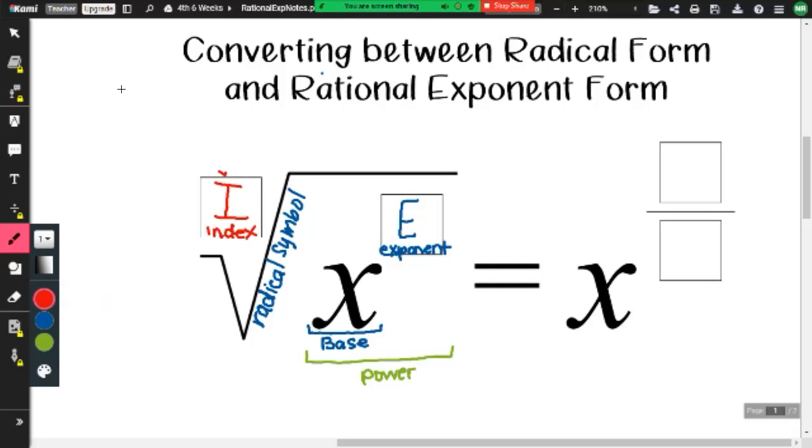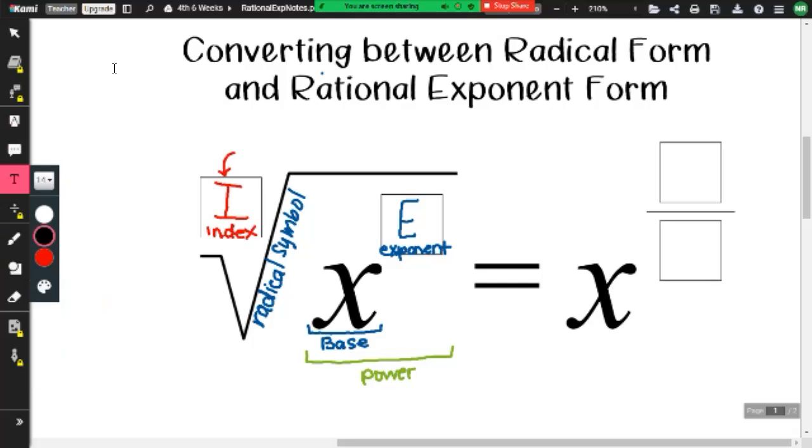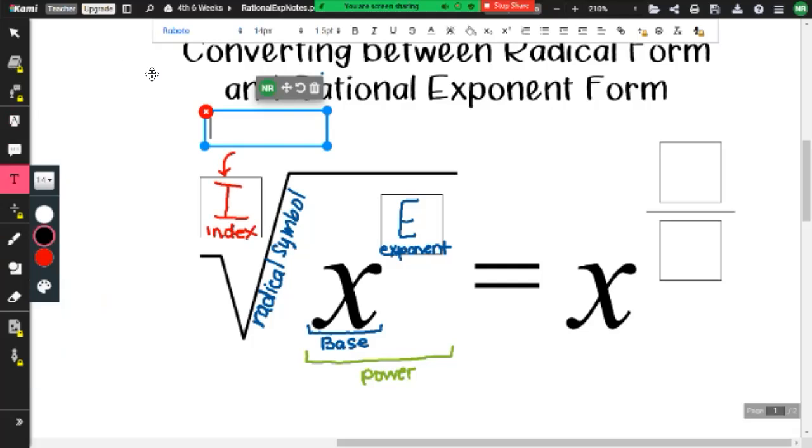Now, typically, you don't see a number in this spot. If you don't see a number in this spot, that means we're taking the square root of a number. And square root, we just covered, means squared, which means what? Exponent of 2.